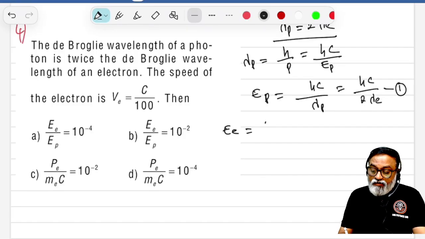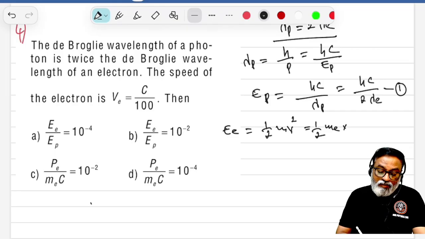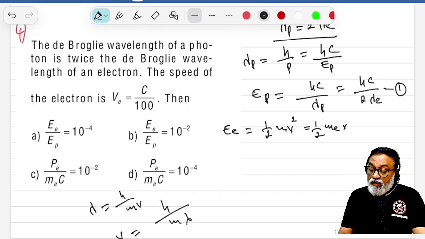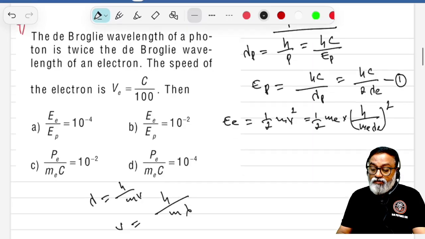energy of electron is equal to half m v square, that is half into mass of electron into velocity squared. Lambda is equal to h by mv. Here v is equal to h by m lambda. Therefore, here h by m e into lambda e whole square.